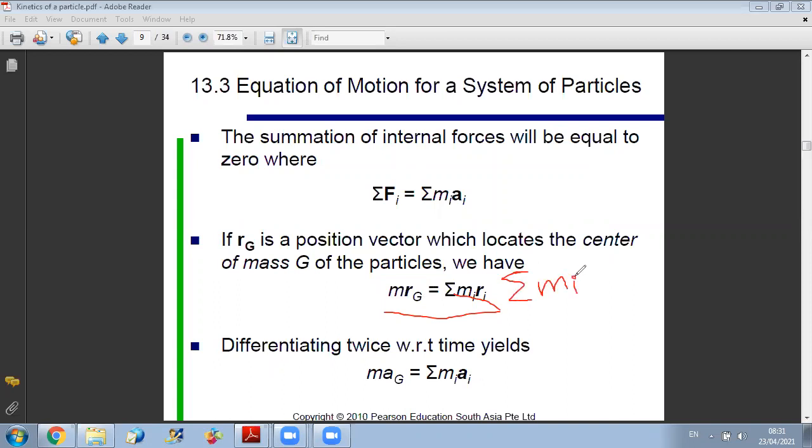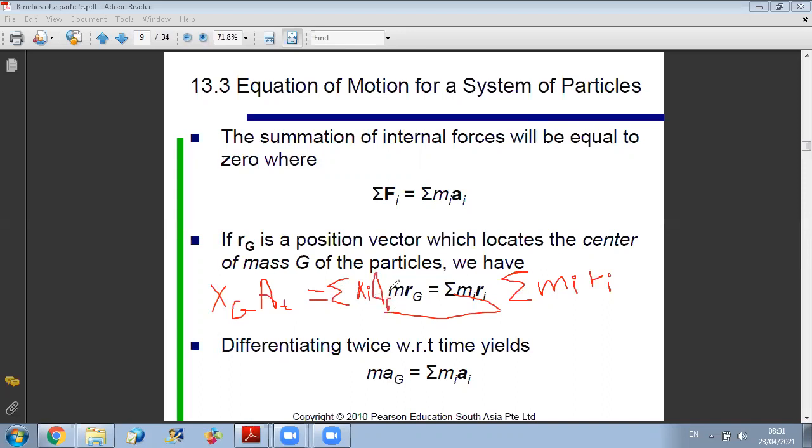This means I should take the position vector for each particle and multiply it by the mass to get total mass times Rg. In statics, for the distributed load, we saw that x bar, which is x of G, times total area equals the sum of xi ai. It's a very similar relation, but here it's relative to the area, and here it's relative to the mass.